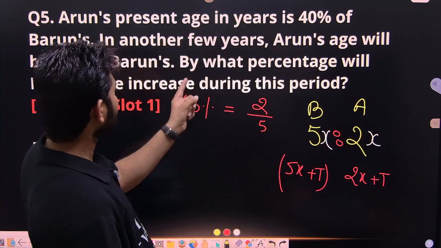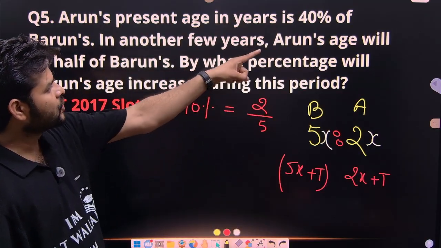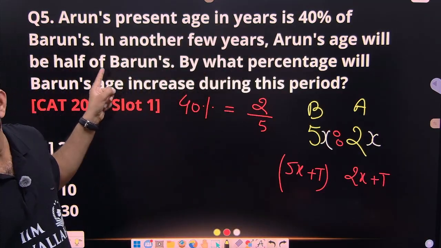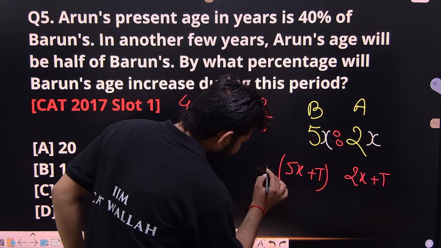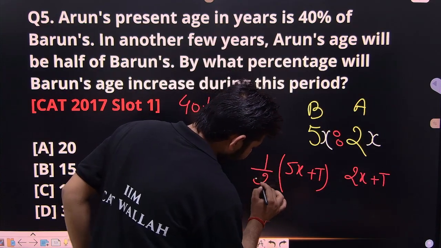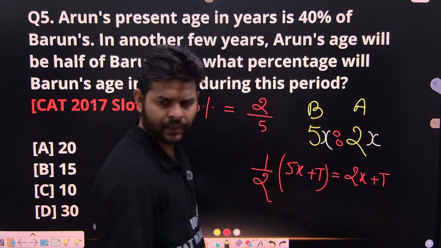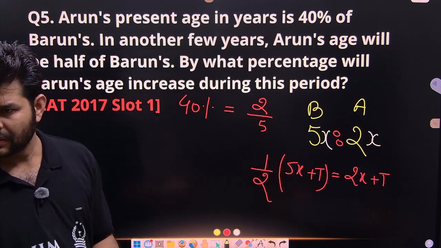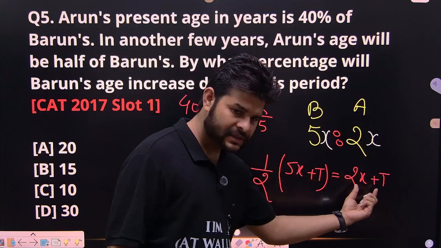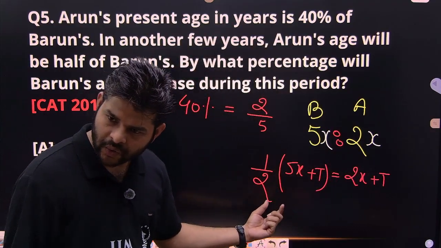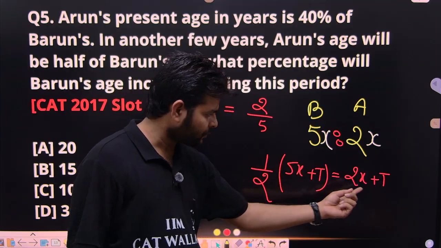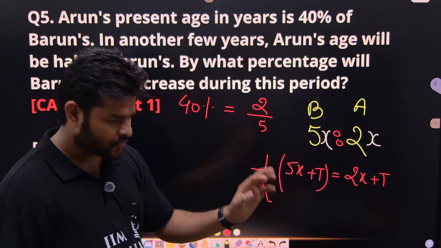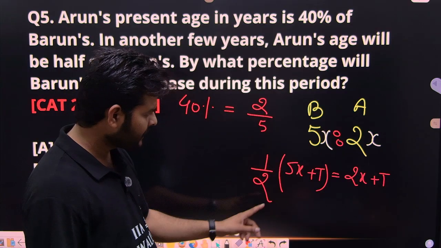After t years, Arun's age will be half of Barun's age. That means Arun's age would be equal to half of Barun's. You can directly find the values of t and x.